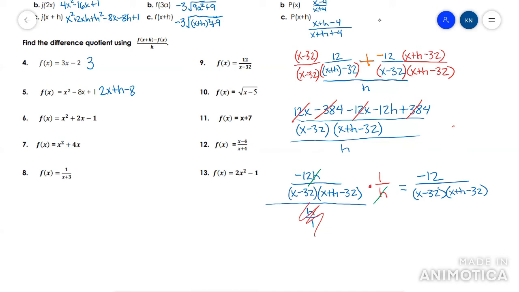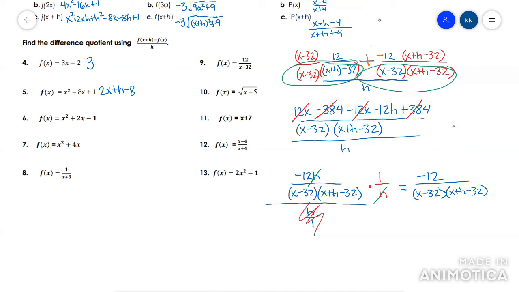So quick recap. Write it with x plus h. It's a minus in the middle, and then write it normal. Now this minus in the middle, remember I distributed it to the numerator of the second fraction, and it became a plus in the middle. You have to get a common denominator.